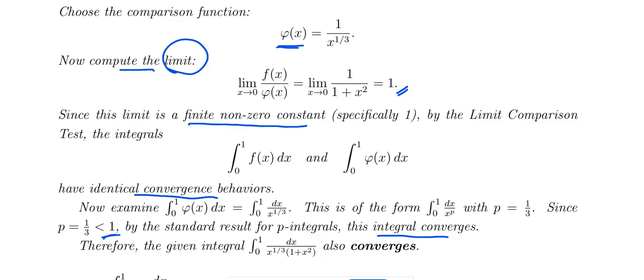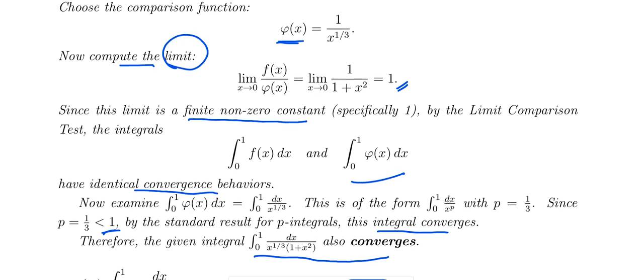Above we saw dx by (x minus a) whole power n, I think, correct? So that integral converges, and since it converges, by the comparison test this one also converges. Okay, so a very simple problem.